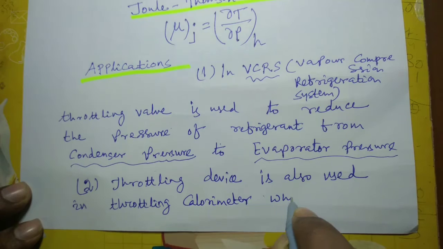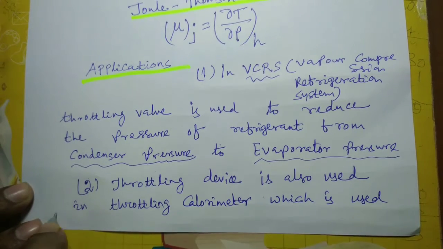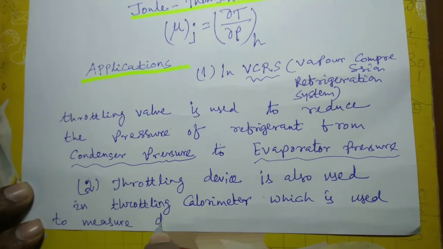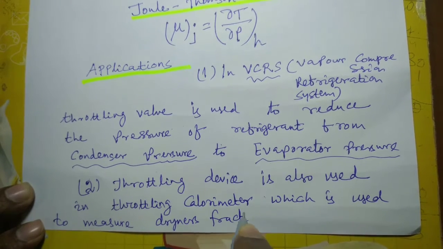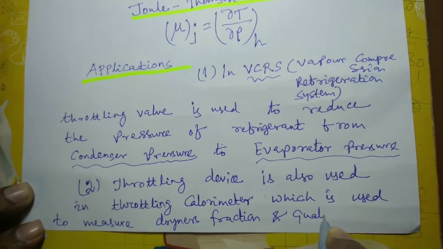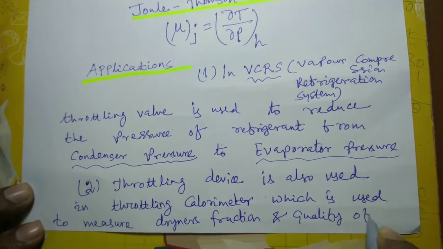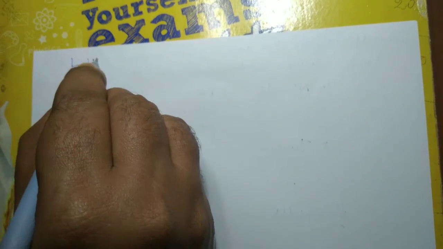Throttling calorimeter is a device which is used to measure the quality of a liquid vapor mixture, which is used to measure dryness fraction or quality. They are both same thing. They refer to same thing. Dryness fraction or quality is determined for a liquid plus vapor mixture.